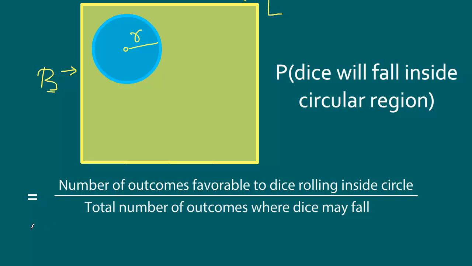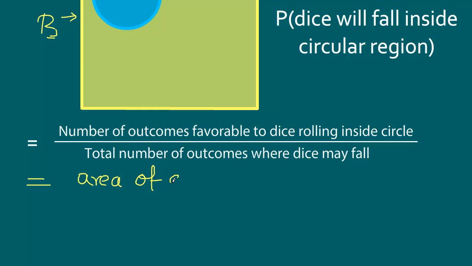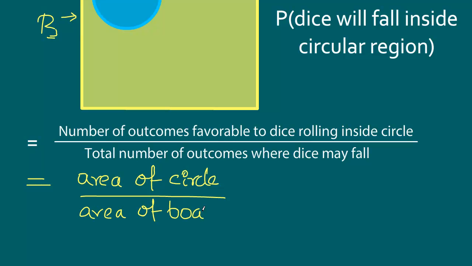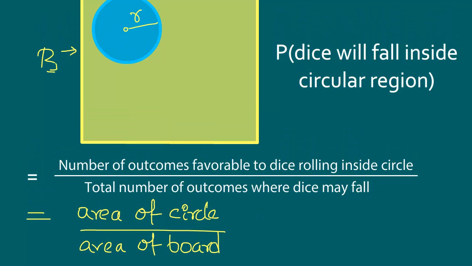So the way we calculate the probability is that we find the area of the circle and divide that by the area of the board game, or the area of the rectangle, and that gives us the probability.